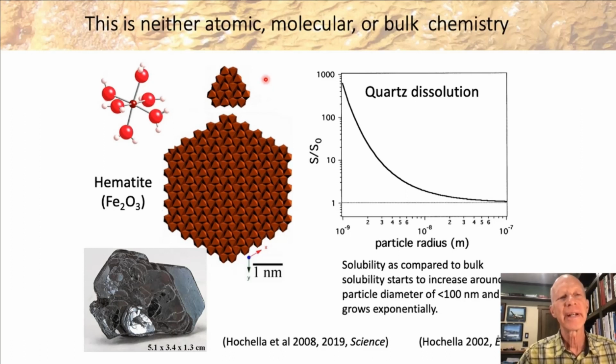Now, here's where nanoscience becomes really interesting. When you take it this size versus this size, they're different again. In fact, they can be dramatically different again. And so there's a whole spectrum of differences in properties until you get up to what is considered bulk.